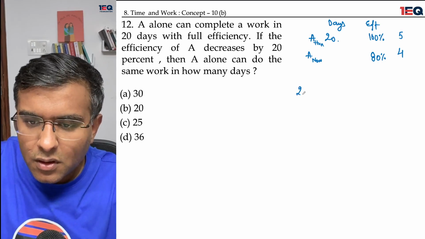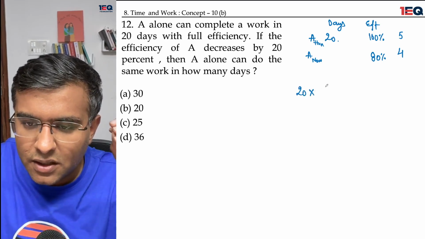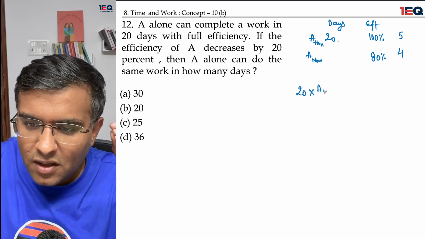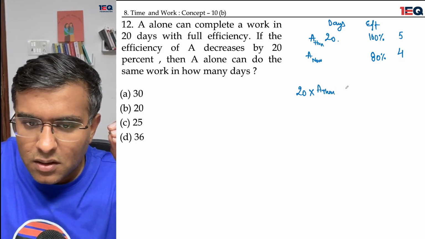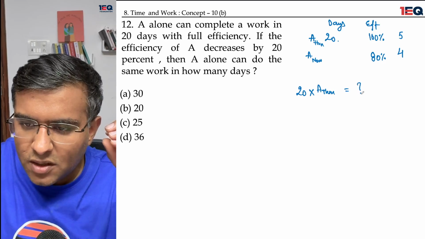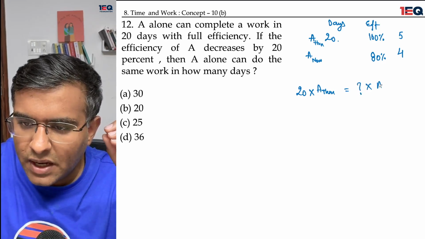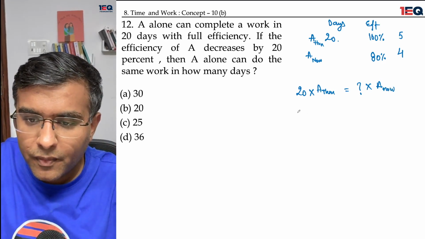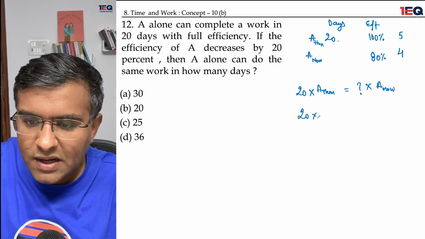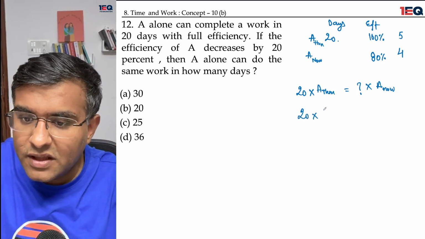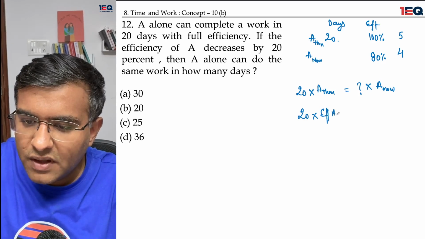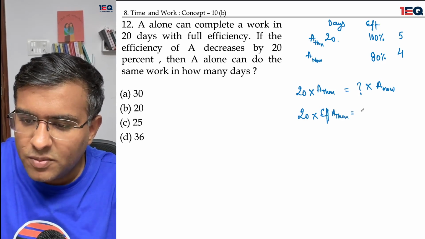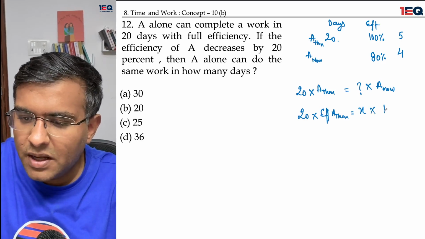If 20 days were being taken by A back then, how many days would be taken by A now to complete the job? So 20 multiplied by the efficiency of A then should be equal to X multiplied by the efficiency of A now.